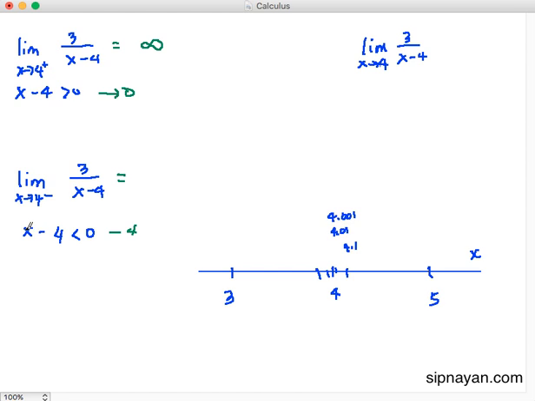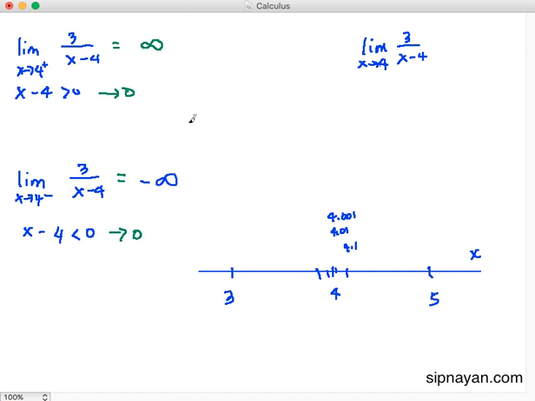So, itong buong expression na to palapit siya ng palapit sa 0. Meaning, pag approaches 0 to pero negative, tapos ito constant, palapit ng palapit sa negative infinity. No?